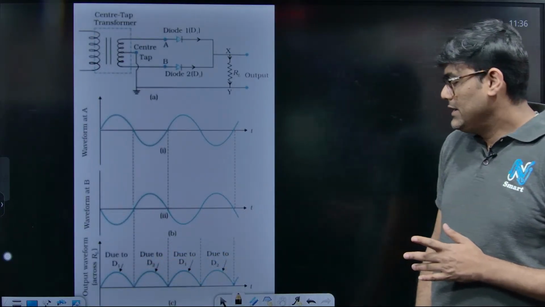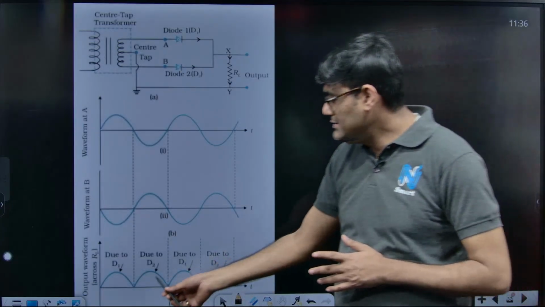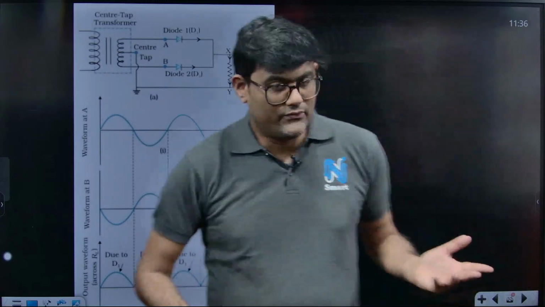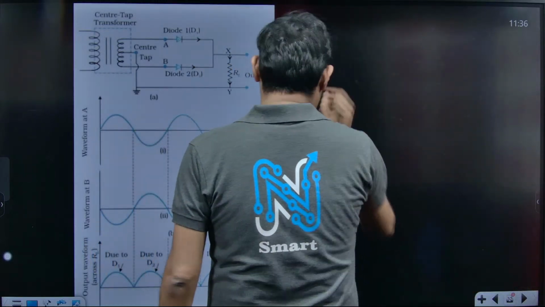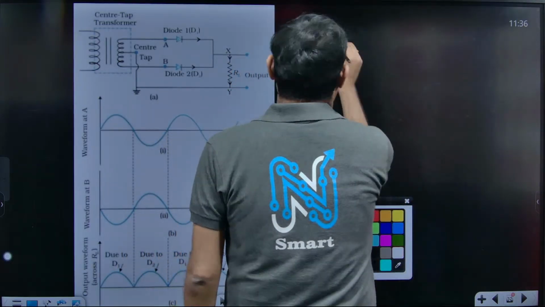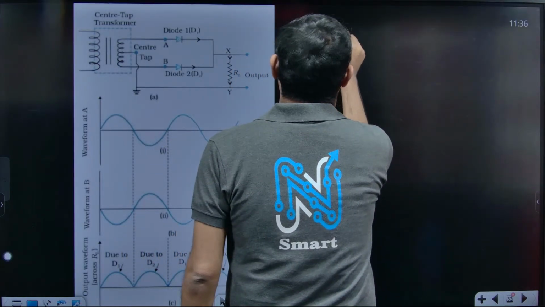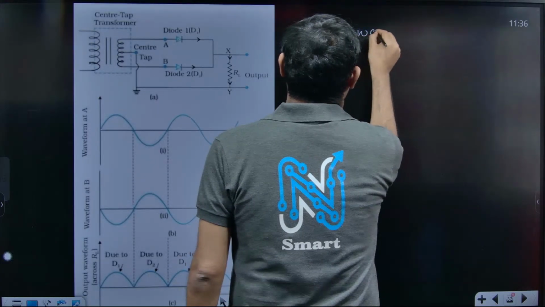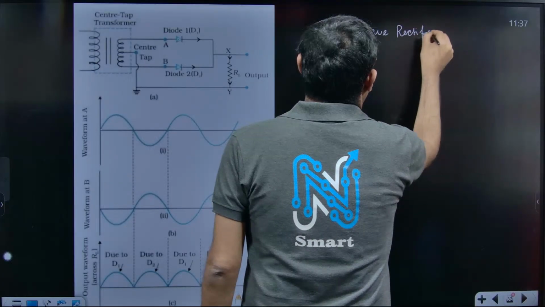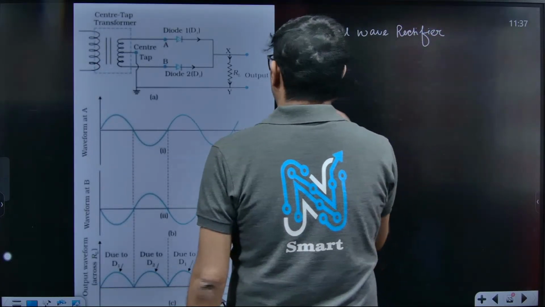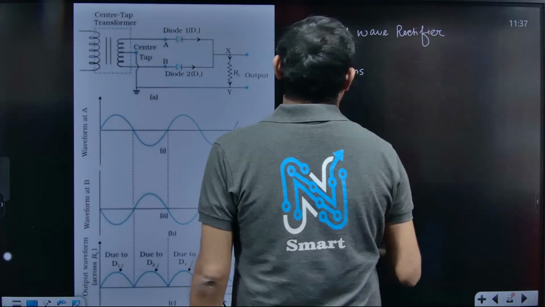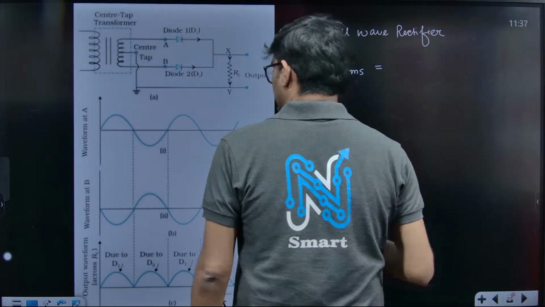This is a DC, and if you ask me what is the RMS value of this DC, of course the RMS value, if I calculate, this is called a full wave rectifier. What is the RMS value of this rectifier?